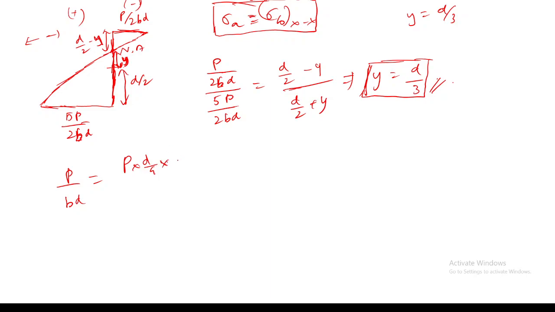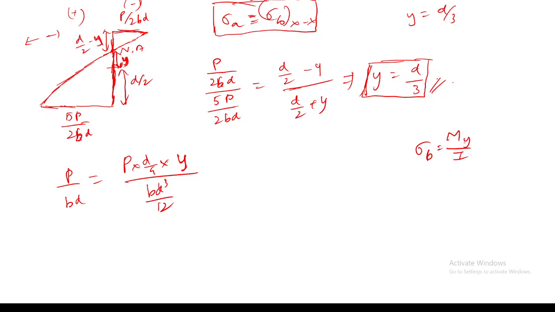You should not take the value of y as the section modulus, d by 2. Here you have to retain y as y itself, divided by bd cube divided by 12, which means My divided by I equals sigma b.